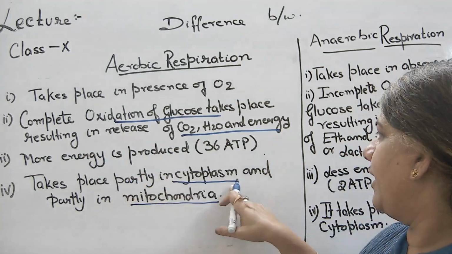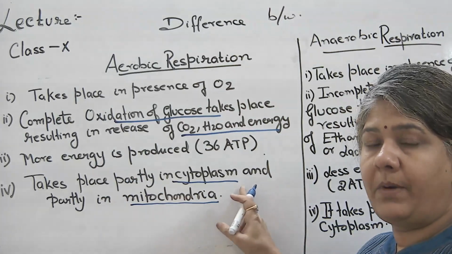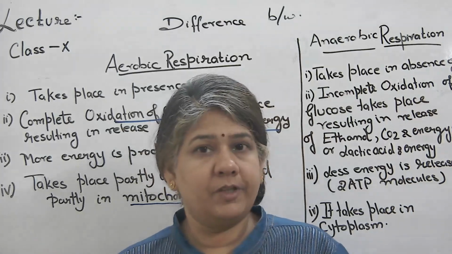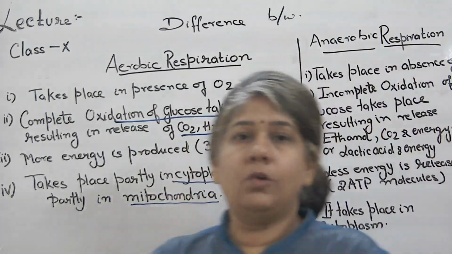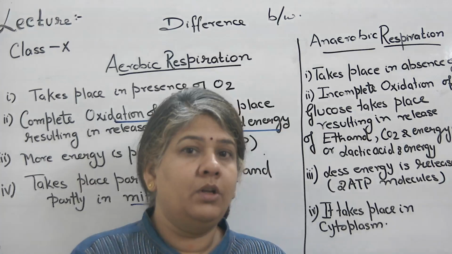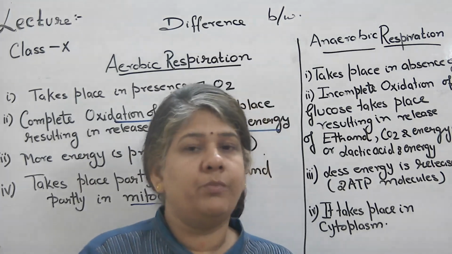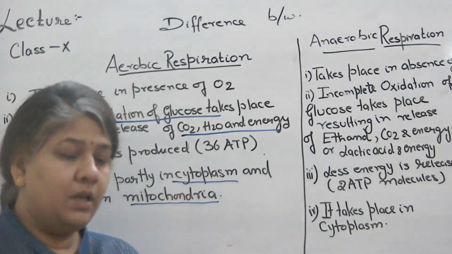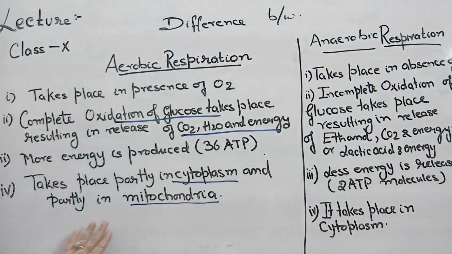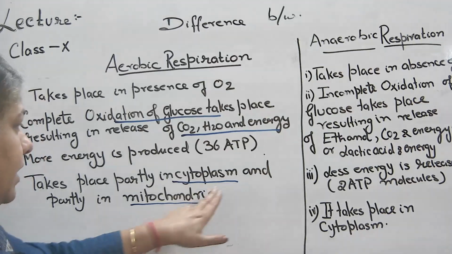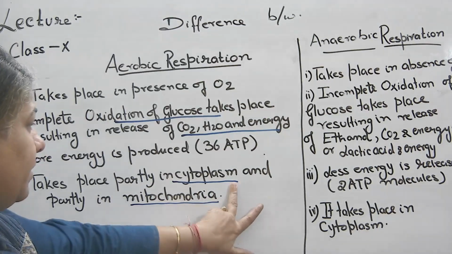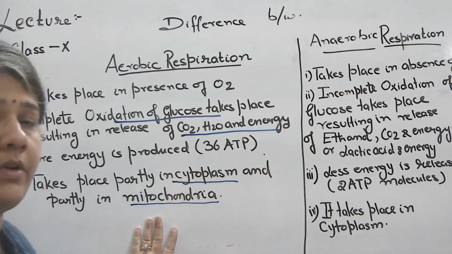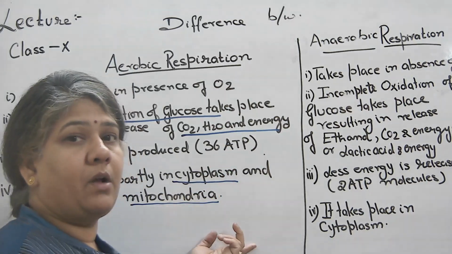The part which takes place in cytoplasm is called glycolysis, that we already discussed in the previous lecture, the conversion of glucose into pyruvate molecules. One glucose molecule will produce two pyruvate molecules, and this process is called glycolysis, which takes place in cytoplasm. The remaining process of production of energy takes place in mitochondria, which is also called the powerhouse of the cell.